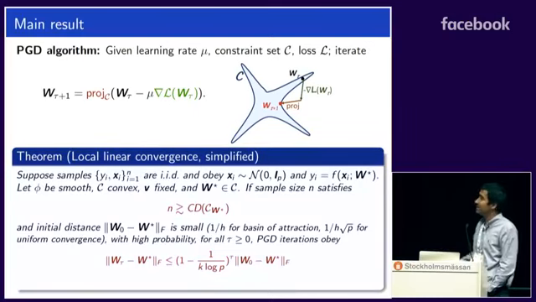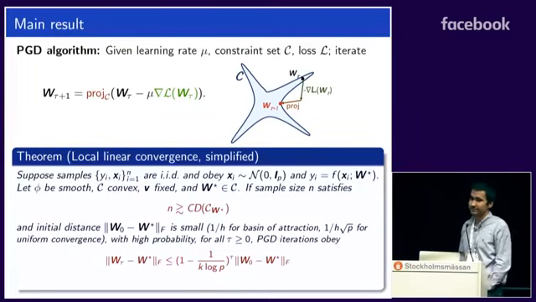And our main result is described as follows. It provides a linear convergence guarantee around the ground truth. We assume we have a data set of size n, and that there is a ground truth matrix W star that governs the input-output relationship. We assume the activation function is smooth, the set C is convex, and W star is inside the constraint set.